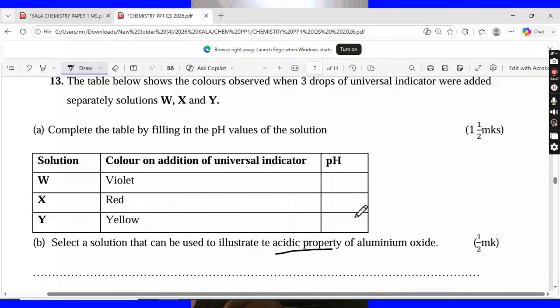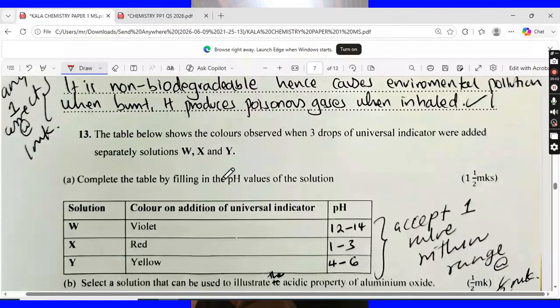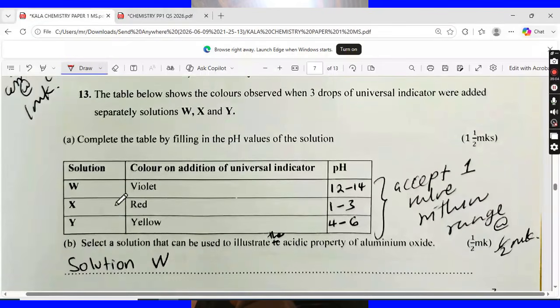Red is around 1, 2 to 3. Yellow is around 4, 5, 6. Violet is 12 to 14.